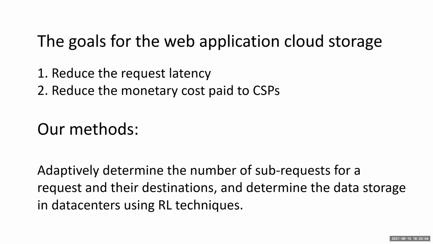In our method, we propose GeoCol, which is novel in that it further reduces both the request latency and the monetary cost by adaptively determining the number of sub-requests for a request and their destinations, and determining the data storage in data centers, along with data type determination, using reinforcement learning techniques that can consider complex environments for decision-making in a time-efficient manner.